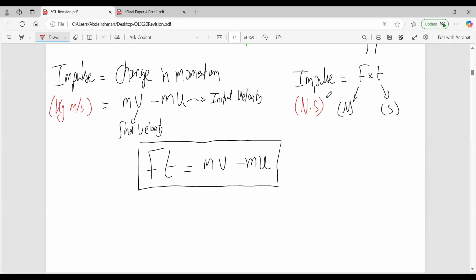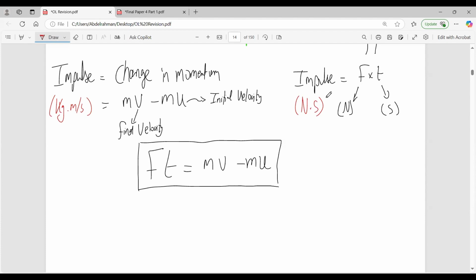It accelerates, and you can find the acceleration, the time, the initial velocity, the final velocity. You can find too many things. This is a really important equation, used when you have one object.